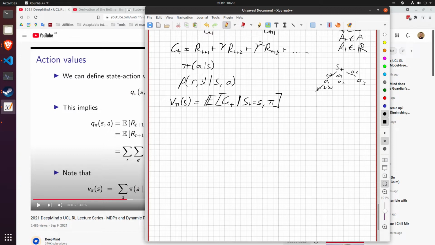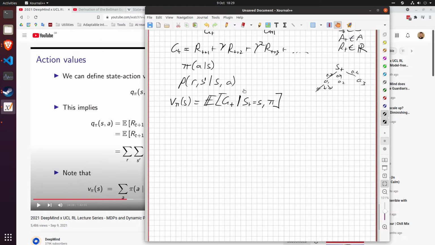And now the idea with Bellman's equation is I need to be able to somehow write this value function recursively. So I need to write everything on the right-hand side as some expression involving, again, the value function, but maybe of some different state.